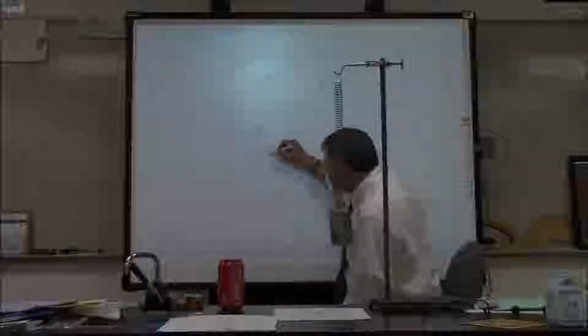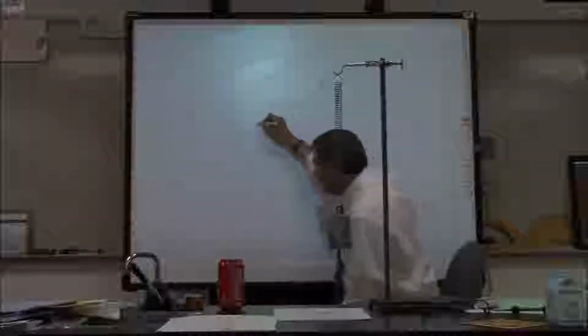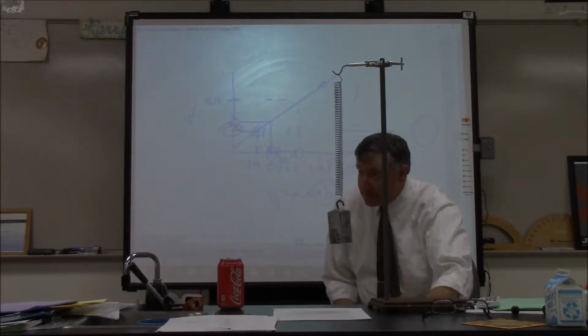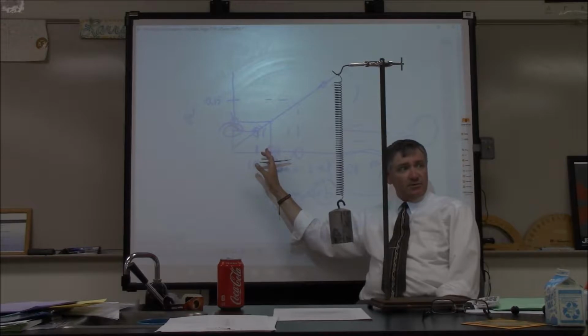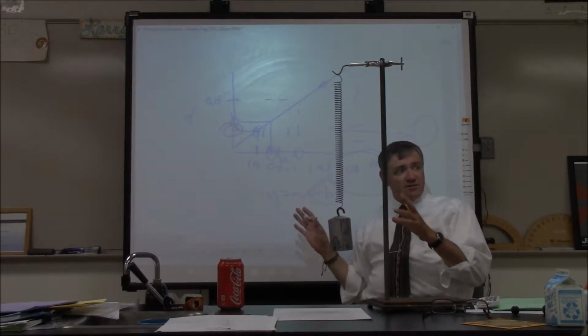So here's my point. If I go to 1.6 newtons and come up here, I'm going to have a certain elongation. And it doesn't make any difference how I generate that force, whether I use a spring to do it, or a weight, or I grab it with my hand and pull it down. So your data is going to be really crunched together. You're not going to have very much deviation on your data.